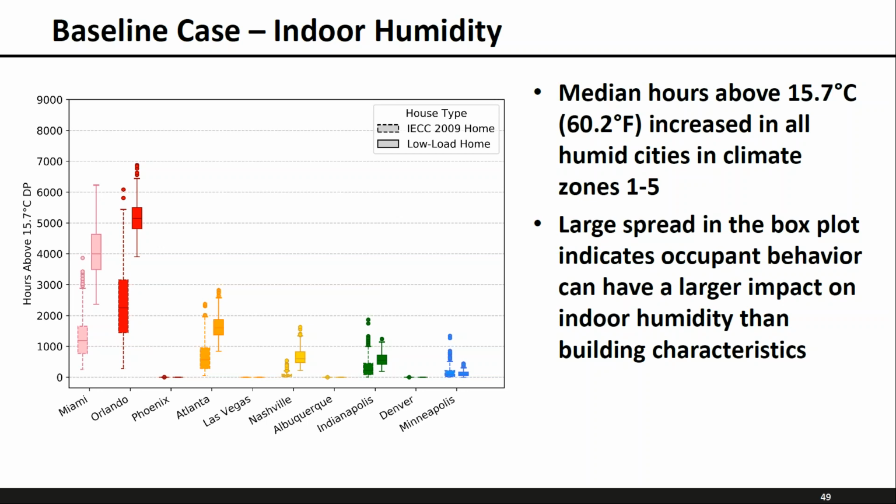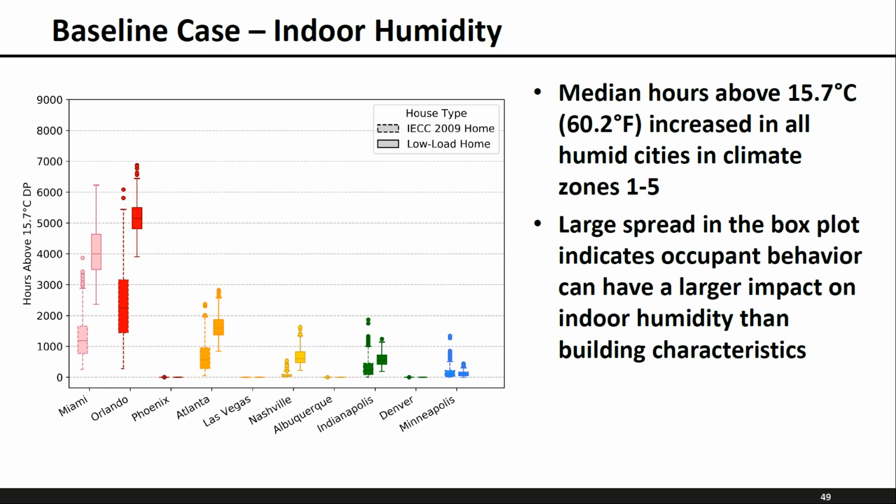And the cities go from climate zone 1 on the left over to climate zone 6 on the right, kind of alternating between humid and dry cities. So you can see that the IECC 2009 and low-load homes in the dry climates have nearly 0 hours that exceeded our dew point threshold.